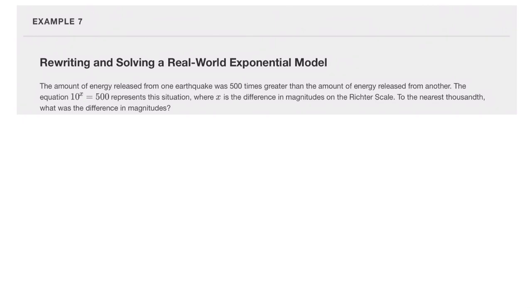The amount of energy released on one earthquake was 500 times greater than the energy released from another. The equation 10 to the power of x equals 500 represents this situation, where x is the difference in magnitudes on the Richter scale. To the nearest 1,000, what was the difference in magnitude? Okay.